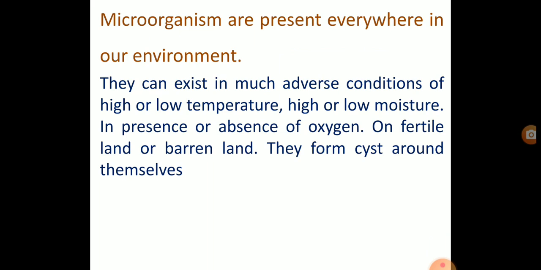They can exist in very adverse conditions of high or low temperature, high or low moisture, in the presence or absence of oxygen, on fertile land or barren land. They form a cyst around themselves. A cyst is some kind of a covering, you can say. So it means they are present everywhere.